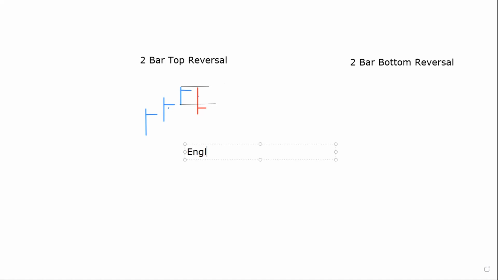I think you know about engulfing. Okay. So this is just like an engulfing candle. So this one is engulfing, and similarly, we also have this one for the bearish one.